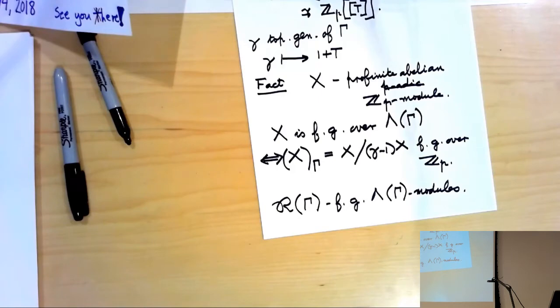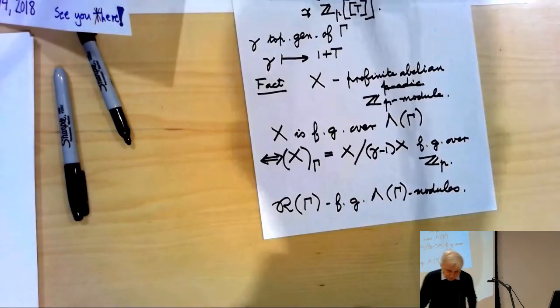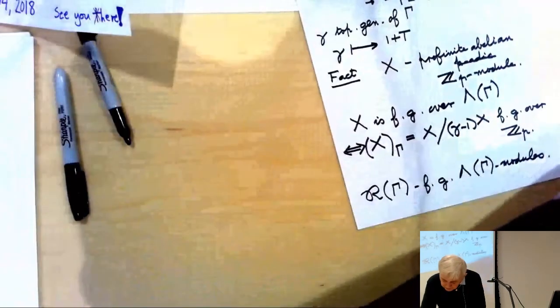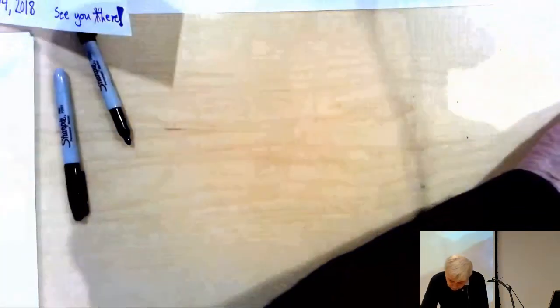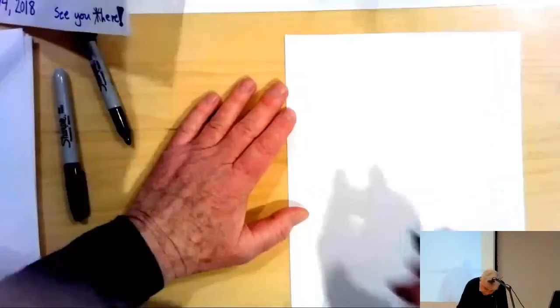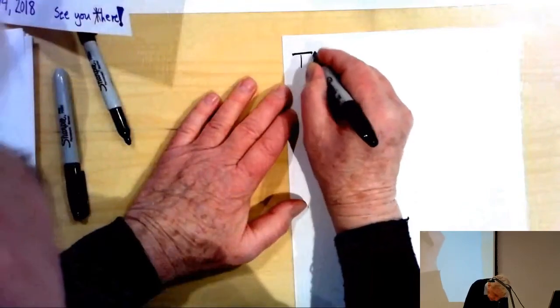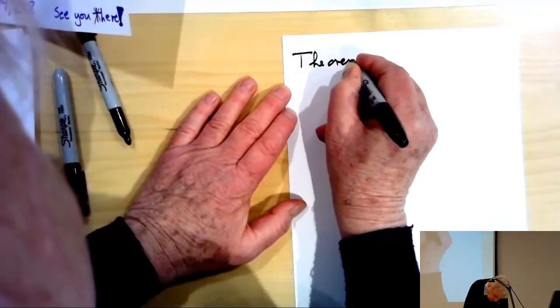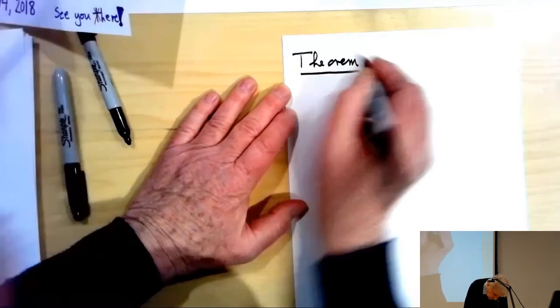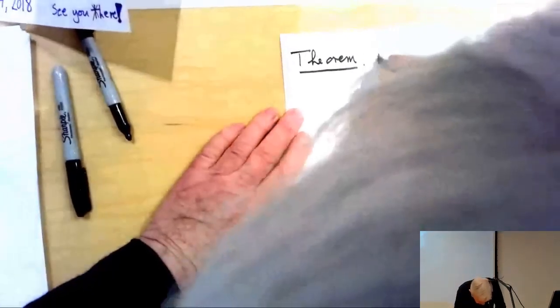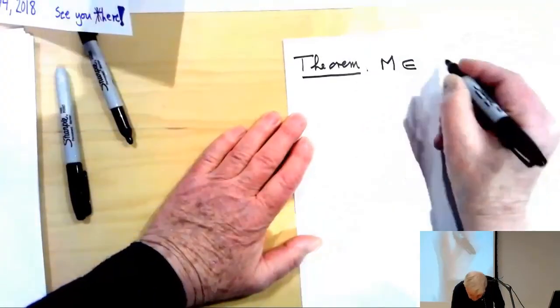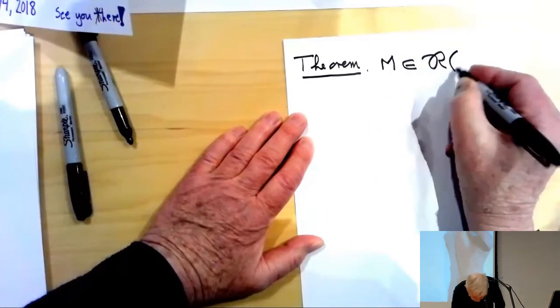And in fact, the main structure theorem is the following, because I want to state it now. Now wait, 5, 6, because Romeo, I know, needs it in his lecture. So the theorem is, and of course we need it too, let M be a finitely generated lambda gamma module.